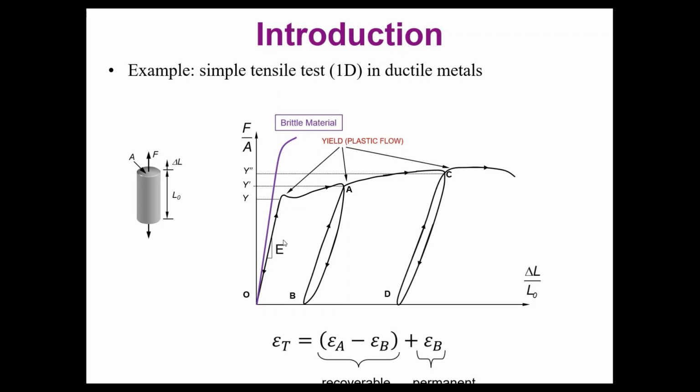So actually, if you consider the Young modulus as the slope of this line, during the linear elastic isotropic regime, the value of the Young modulus is constant.